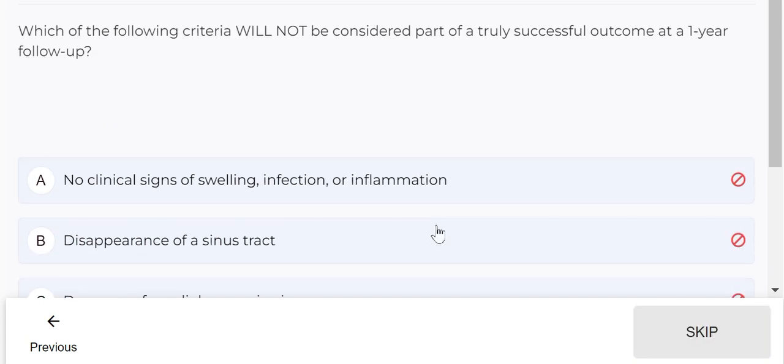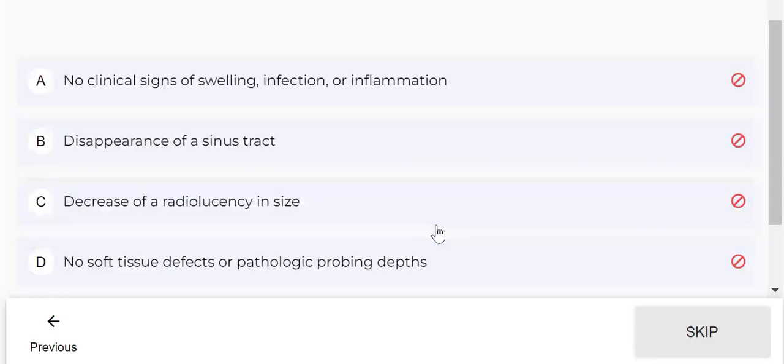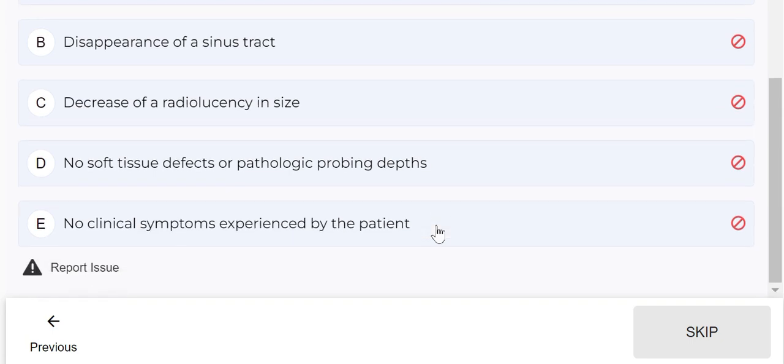Which of the following criteria will not be considered part of a truly successful outcome at a 1-year follow-up? No clinical signs of swelling, infection or inflammation, disappearance of a sinus tract, decrease of a radiolucency in size, no soft tissue defects or pathologic probing depths, no clinical symptoms experienced by the patient.